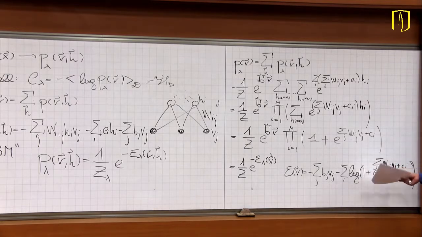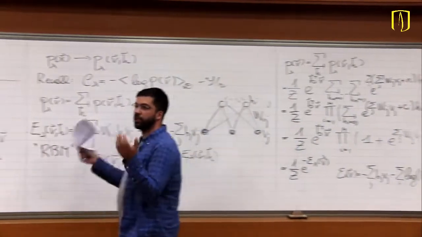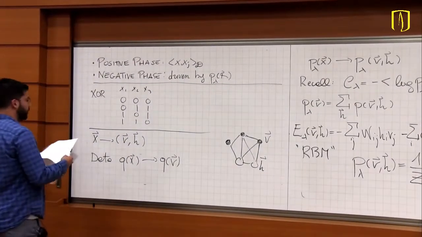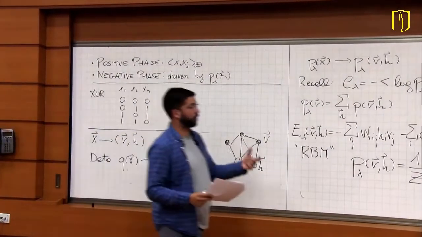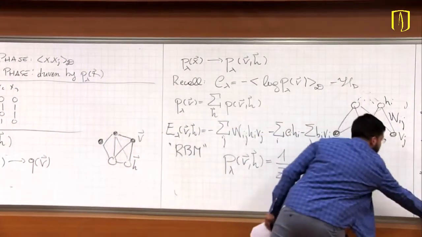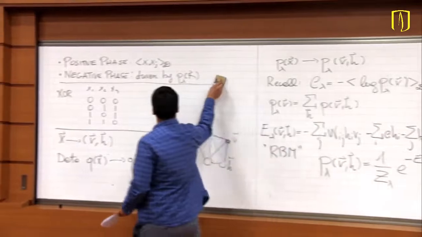If you take a Taylor expansion of this in V, essentially you're going to have correlation between v_i and v_j at any order. So you don't have this problem anymore. Now you can essentially capture any correlation with this energy function. And so let me just summarize a couple of points here.